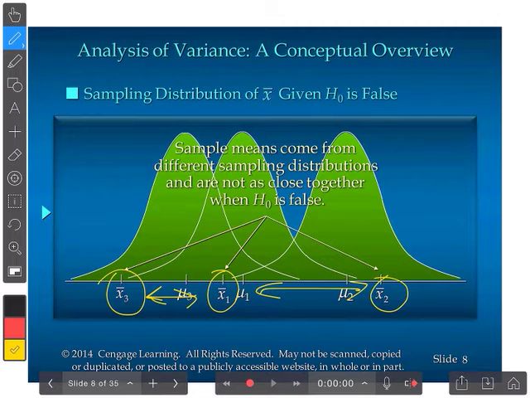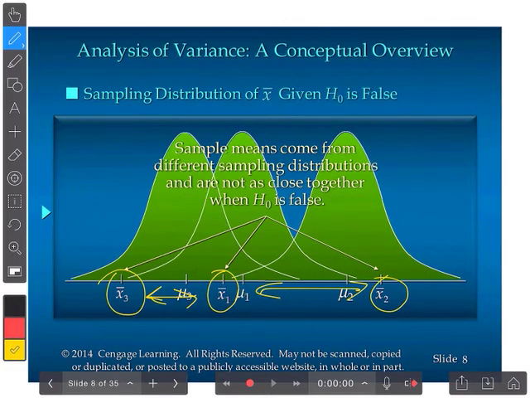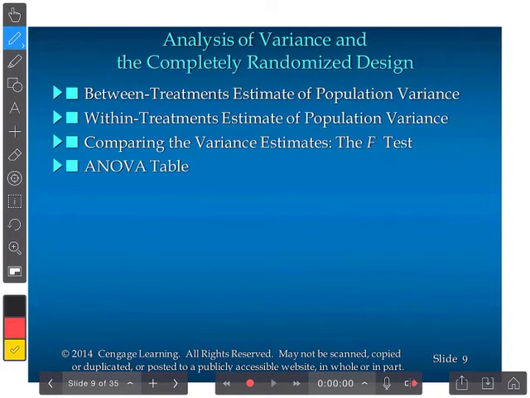Those values, X bar 3, X bar 1, X bar 2, should be much further apart than when they are coming from the same population, where they are a lot closer. So we have to find a way to measure the variation among these from the sample data.